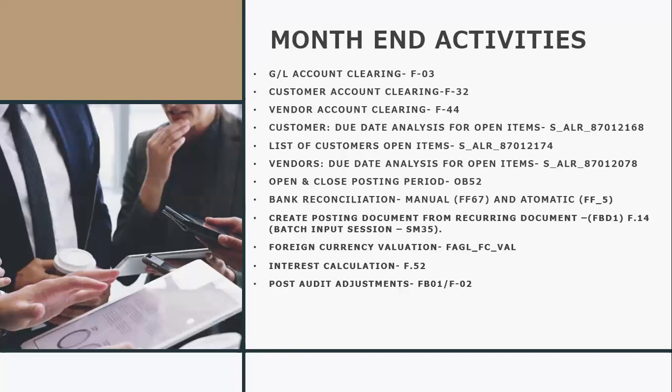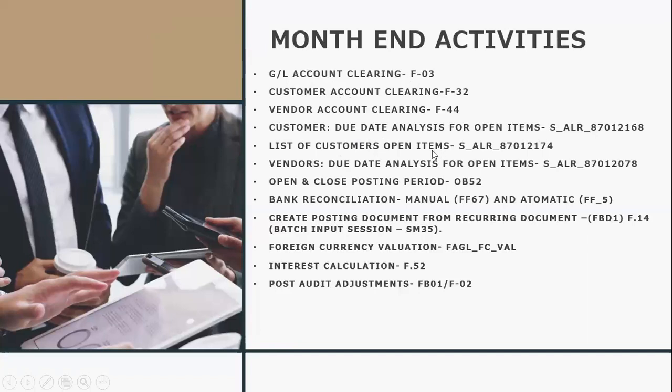Here we're going to be looking at the core month-end activities. The first we're going to look at is account clearing: GL account clearing, customer account clearing, and vendor account clearing. These are necessary to make sure that the balances being carried forward to the next period are correct and verifiable.